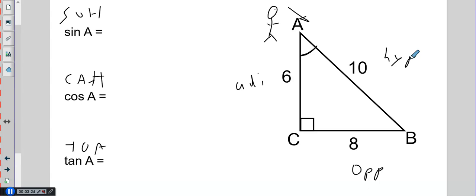But from here, sine of A is opposite 8 over hypotenuse 10. Cosine is the other side, adjacent, 6 over 10. And tangent would be opposite over adjacent.